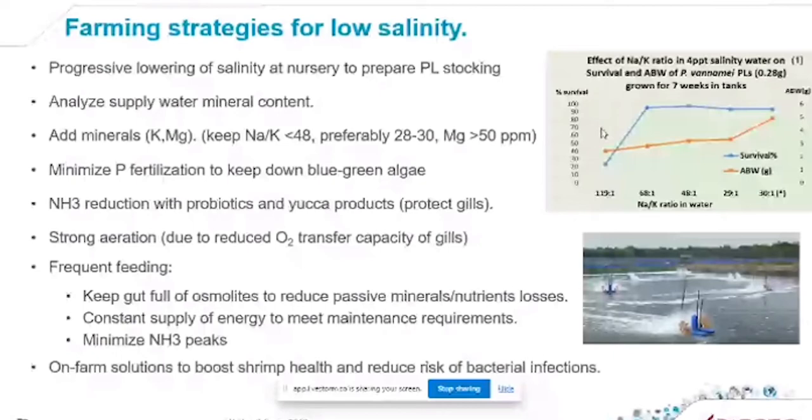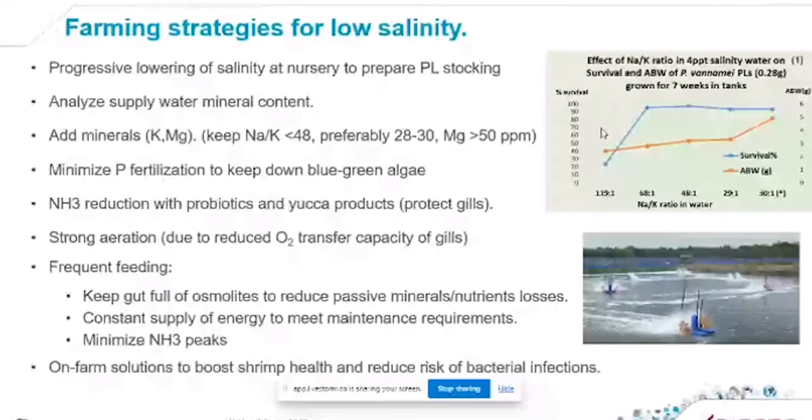Because the gills are more sensitive, you want to reduce ammonia with the help of probiotics and UTAP products. And strong aeration is highly recommended, again, because you have a reduced oxygen transfer capacity of the gills. So the more oxygen in the water, the better the transfer. Frequent feeding will also be recommended.